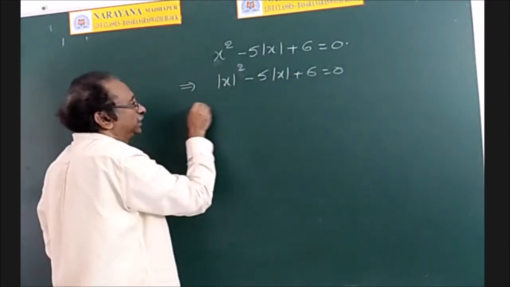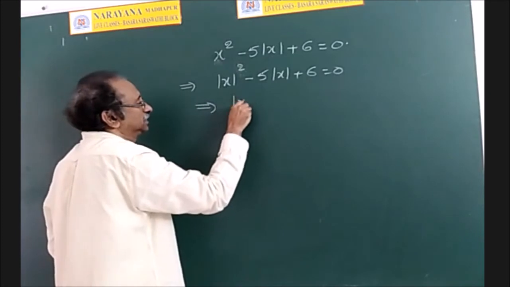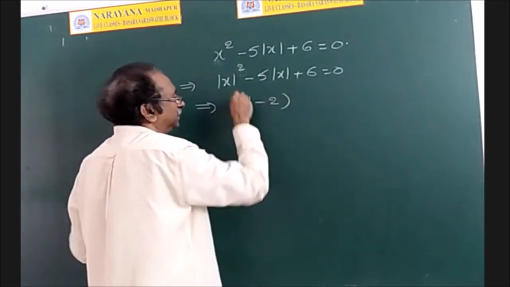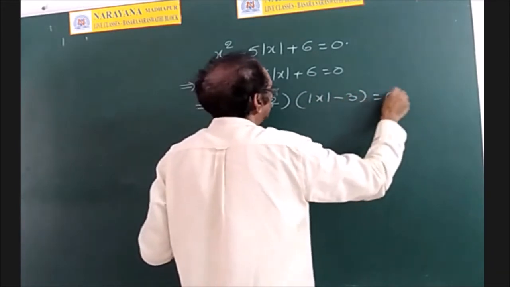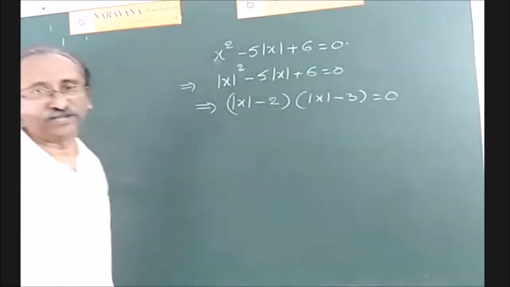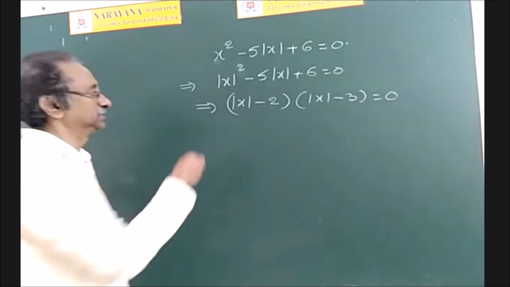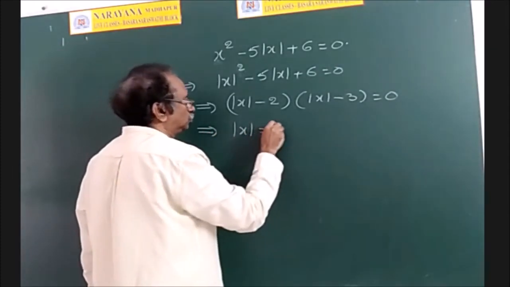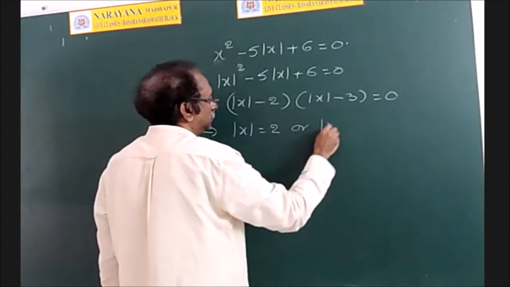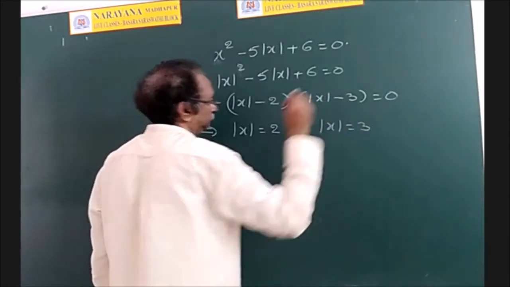Okay, and now I can factorize this. This is nothing but mod x minus 2 into mod x minus 3 is equal to 0. That implies either mod x is equal to 2 or mod x is equal to 3.